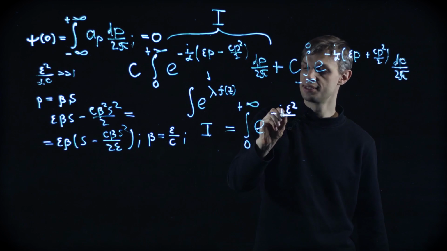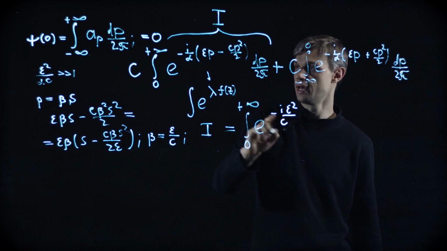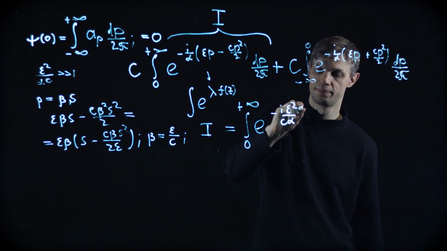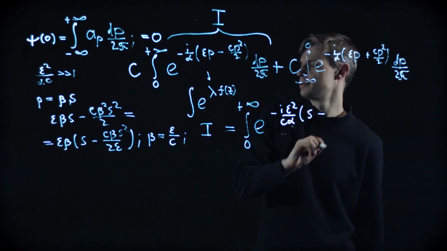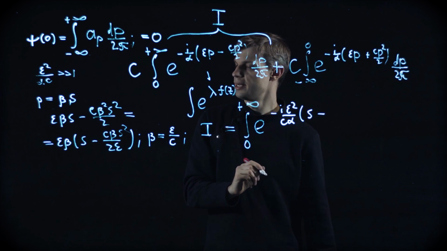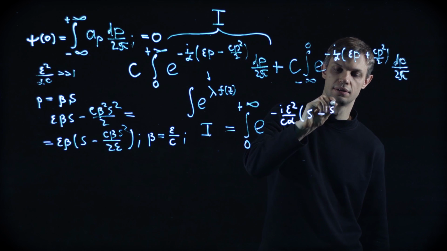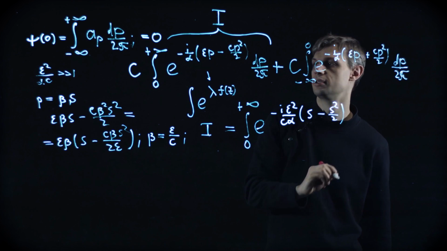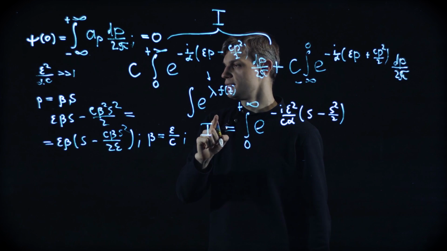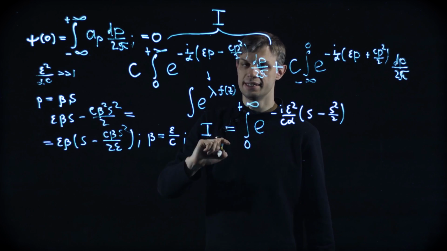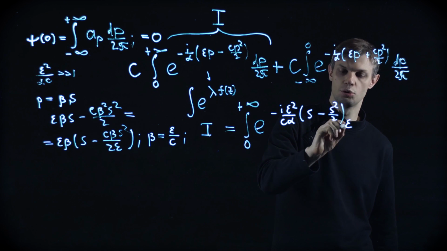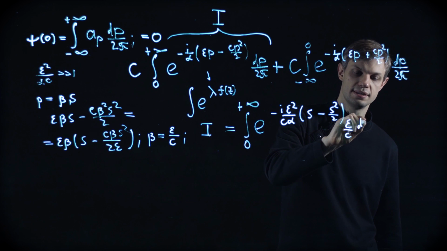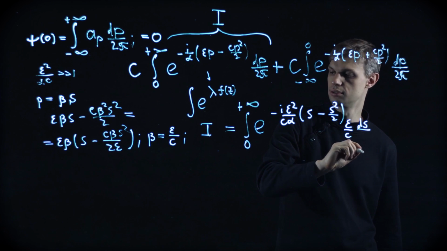Epsilon squared divided by c and alpha. And in the brackets, we are left with s minus s squared over 2. And dp is turned into beta ds. So it's epsilon over c ds over 2 pi.